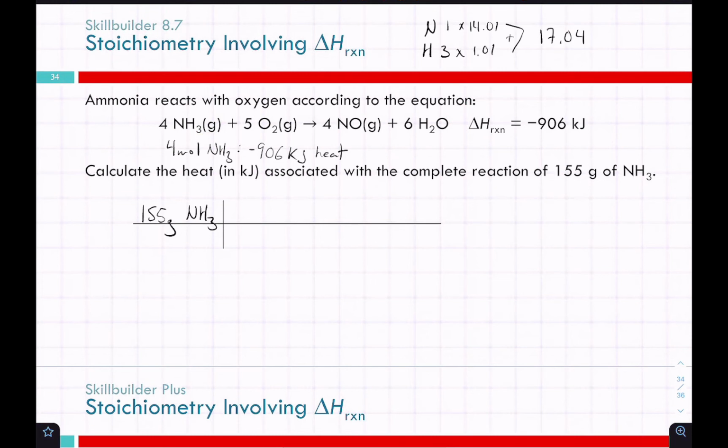So 17.04 grams per mole. So we'll put the grams on the bottom, moles of NH3 on top.